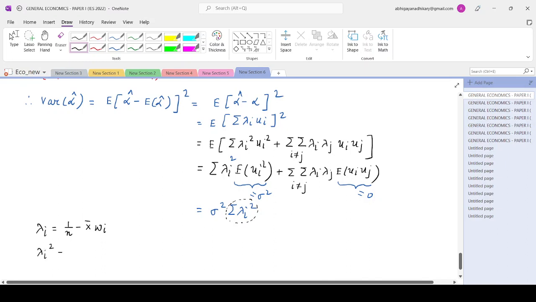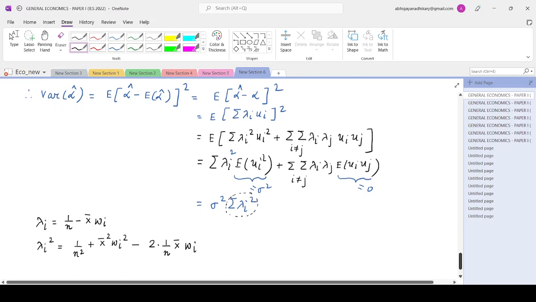If I can just obtain it before taking the summation, it is 1 by n square plus x bar square w_i square minus 2 into 1 by n x bar w_i. Correct? This is what it is.